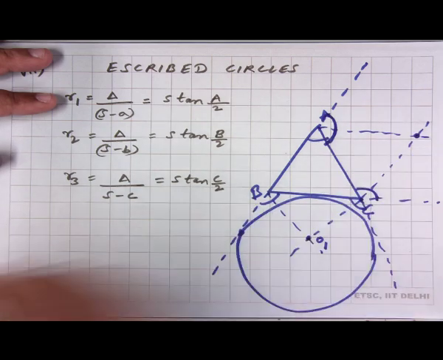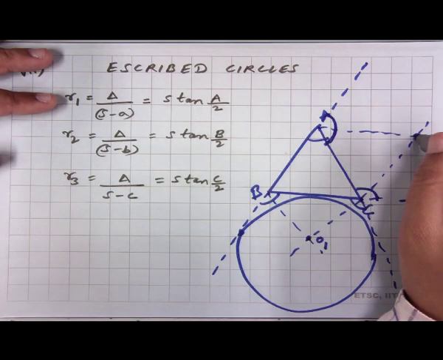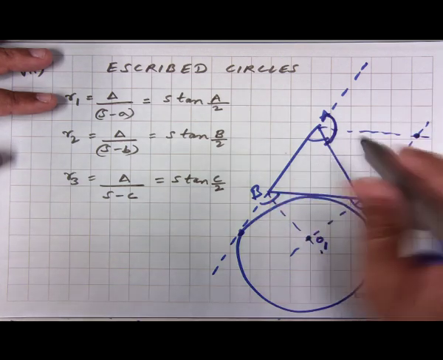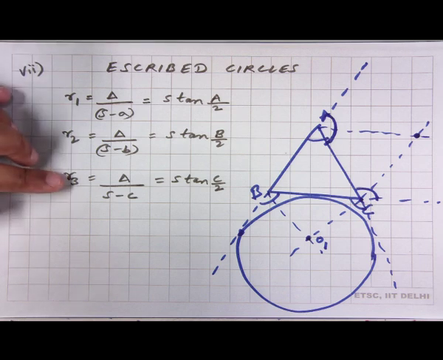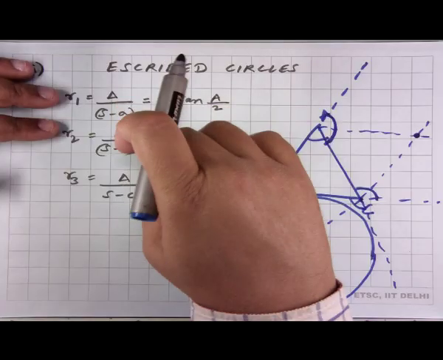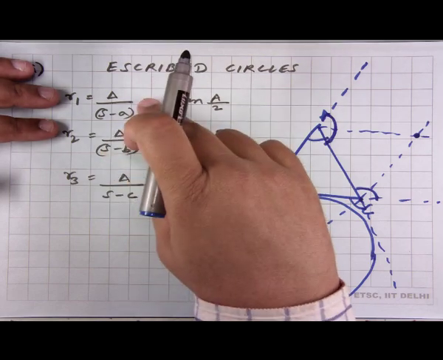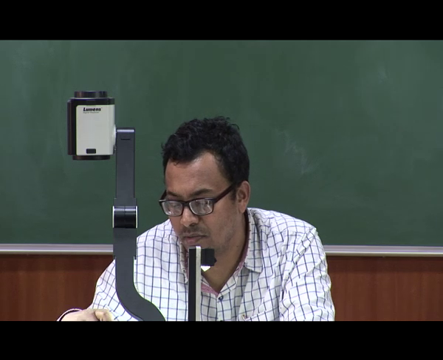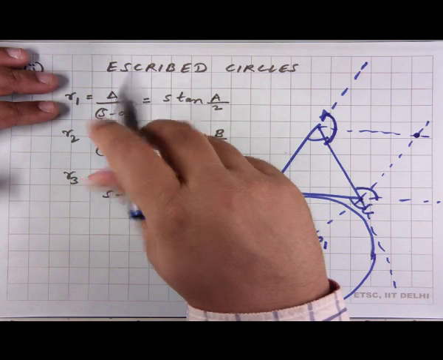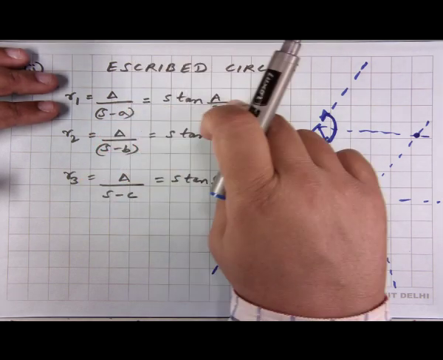This point will be the center of the escribed circle opposite to angle B, and its radius will be r2. Similarly, the radius of the escribed circle opposite to angle C will be denoted by r3. These expressions were derived in one of the previous lectures, and each of them can be shown to be, for example, r1 equal to s times tan A by 2.